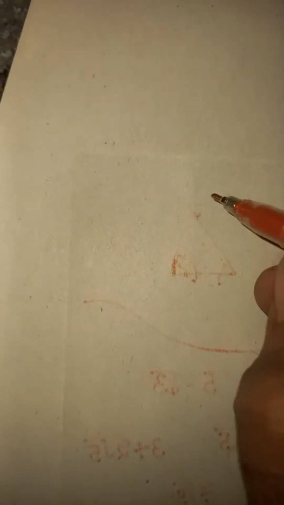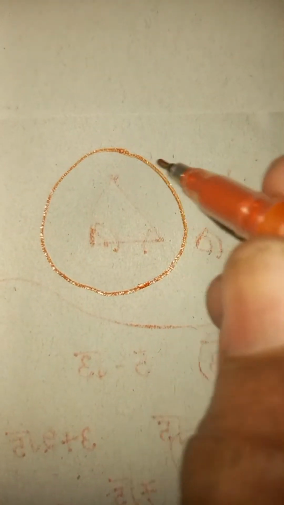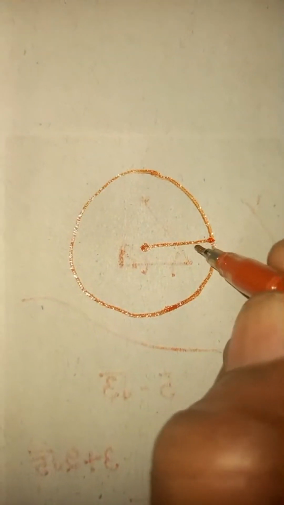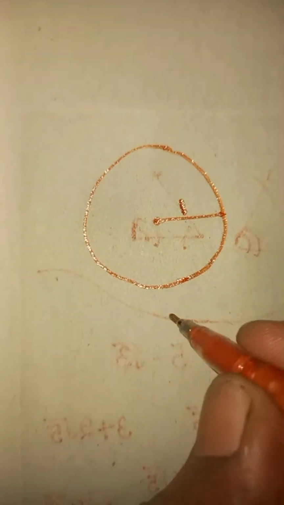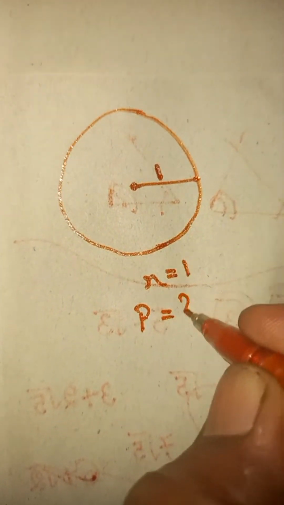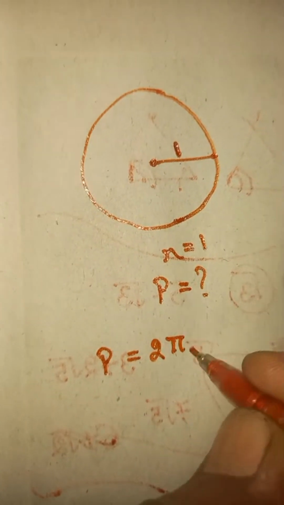If you take this circle, normally I am going to tell how to find out area, perimeter and then sector of the circle. If you take this circle with radius 1 unit, let's find out what's the perimeter of the circle. Perimeter of the circle can be written as 2 pi r.